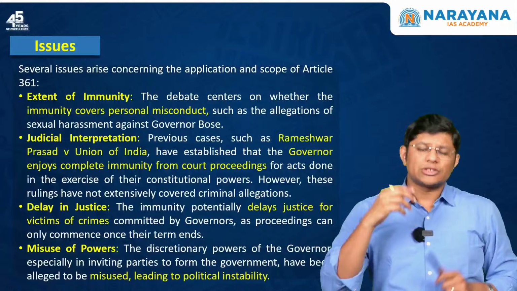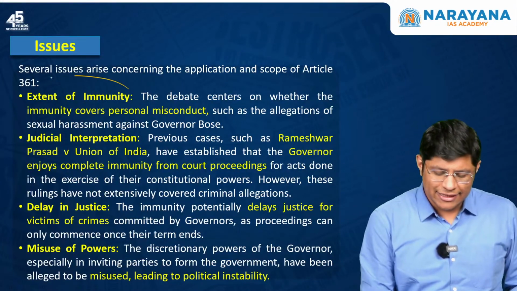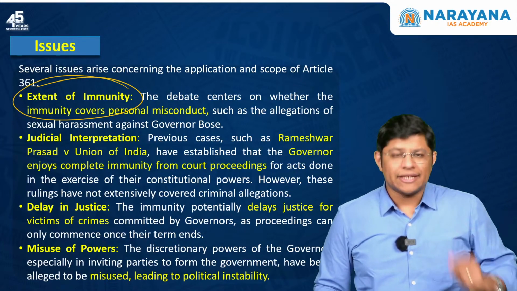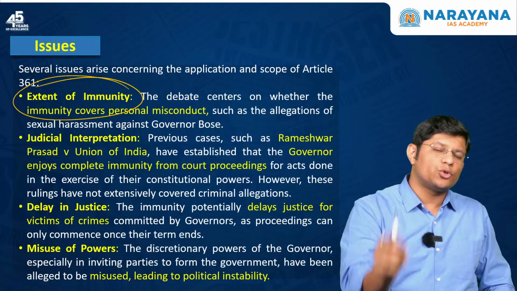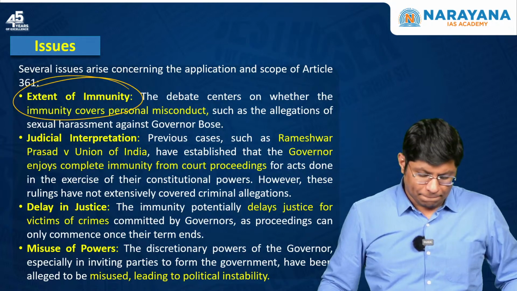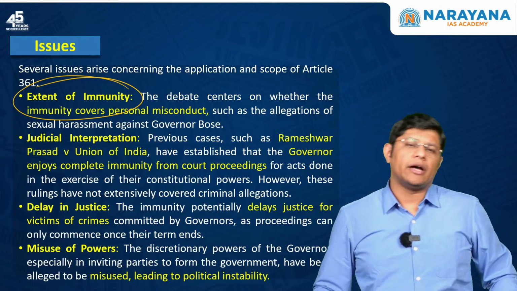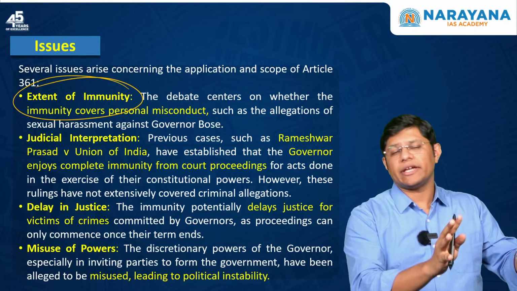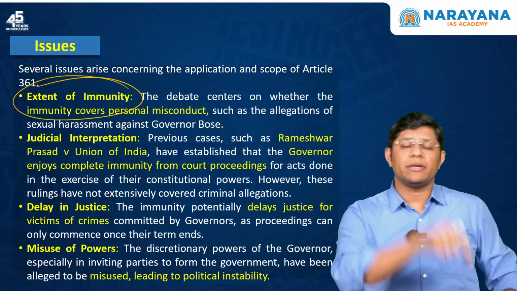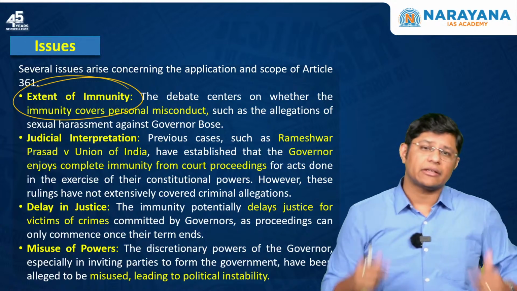Now, let us talk about the issues pertaining to Article 361. First is the extent of immunity. To what extent the immunity is granted to a president or governors is a question. Does this mean that when a president or governor, in their personal capacity, misbehaves, or is involved in any wrongdoing, no action can be taken for their personal misconduct?